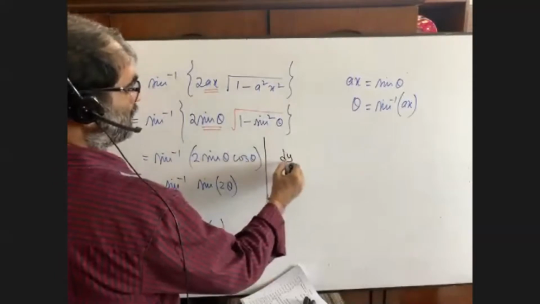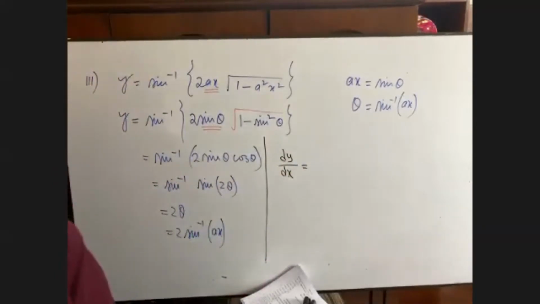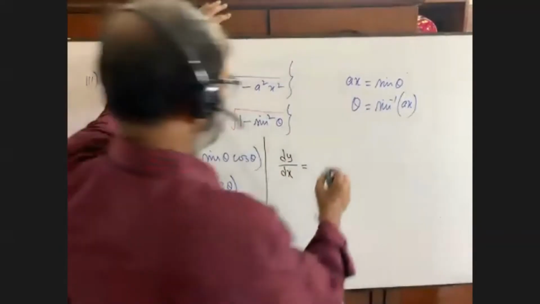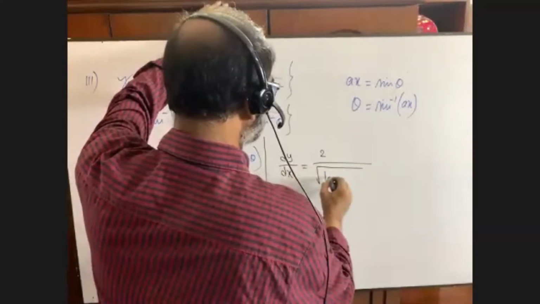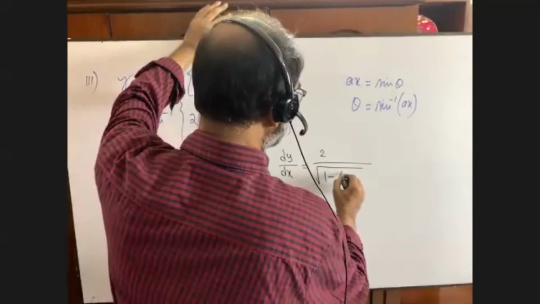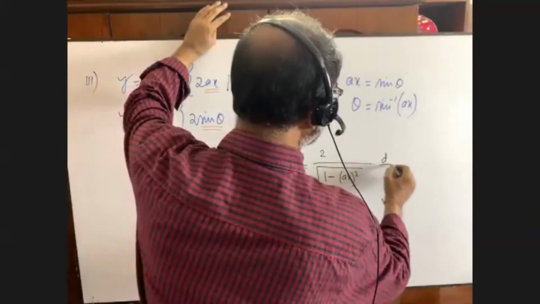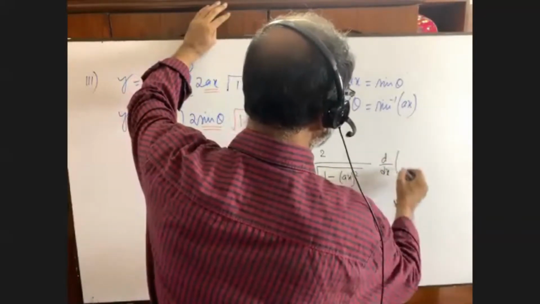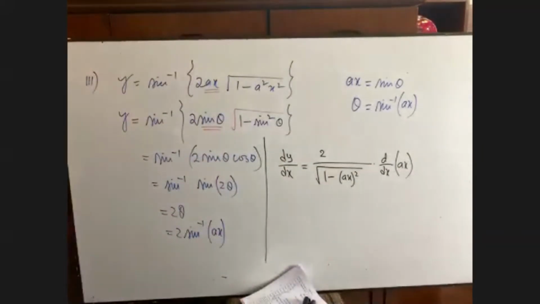Therefore, dy by dx is equal to 2, 1 minus x square, d by dx of ax. Talk to me if we have failed to understand.